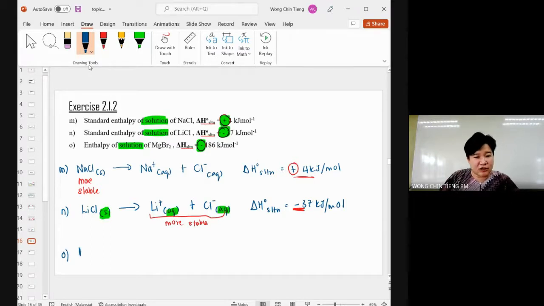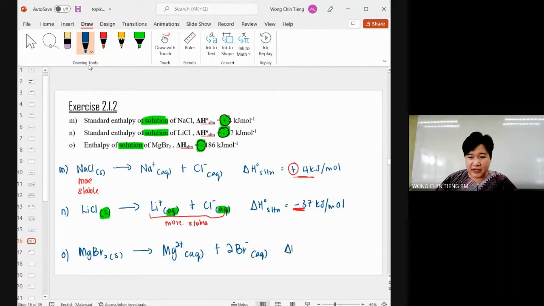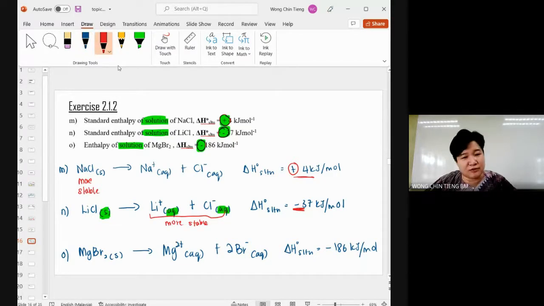Okay, last but not least, your magnesium bromide over here. Again, your solid. And then you have your magnesium 2 plus aqueous forming your 2Br minus aqueous. And then your delta H of solution adalah negative 186 kilojoule per mole. Soalan ni nak tanya satu je.